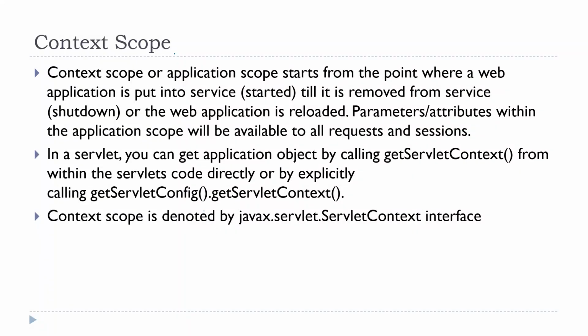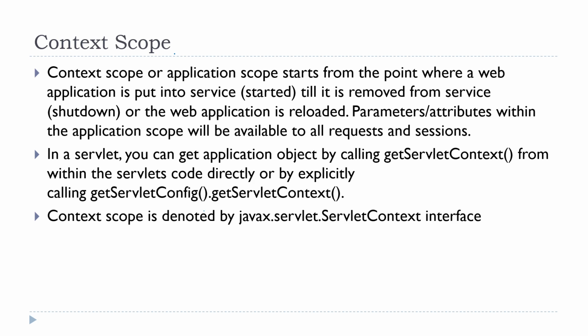This is the broadest scope of the application, and it starts from the point where the web application is started. When we load our web application, it will start the context scope, and this scope will end when we shut down the web application or reload it after making some changes.